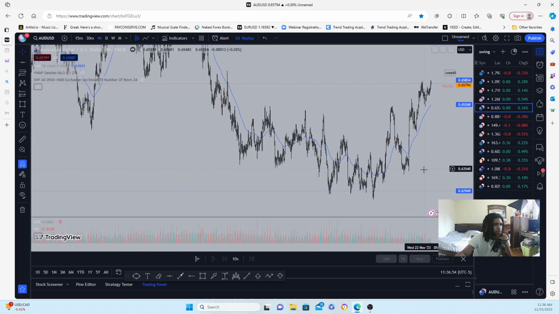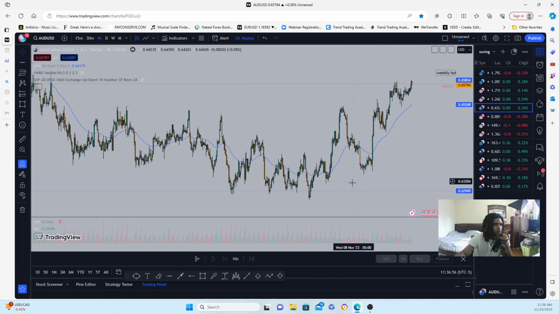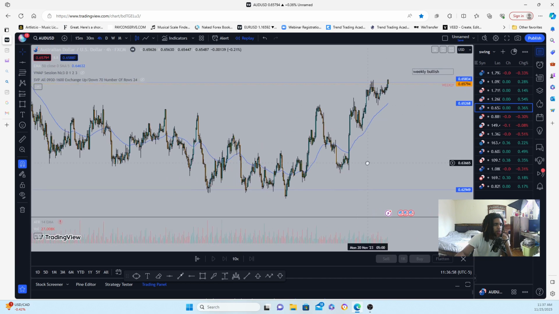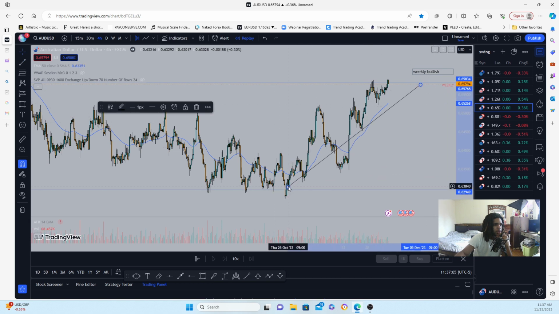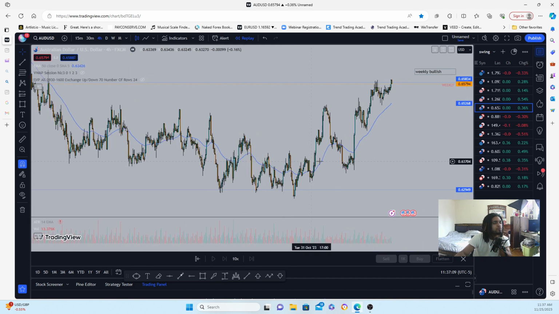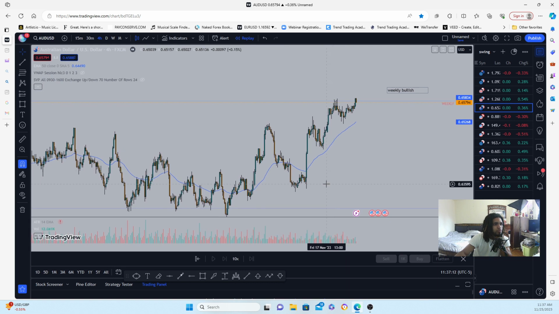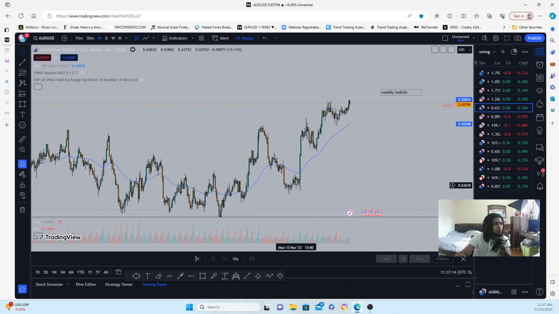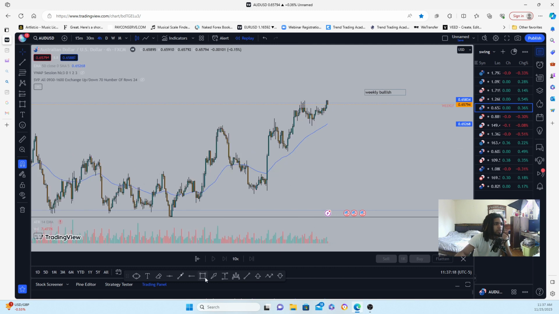Now, I'd like to call this a ranging market. I know we got some higher lows and some higher highs, so we're gonna see how it reacts. Structure. This is really the last break of structure. Boom, just like that.